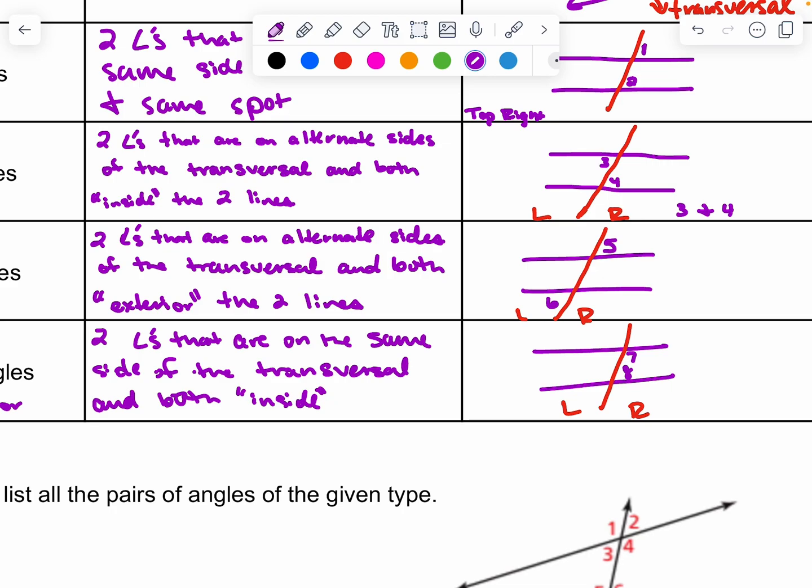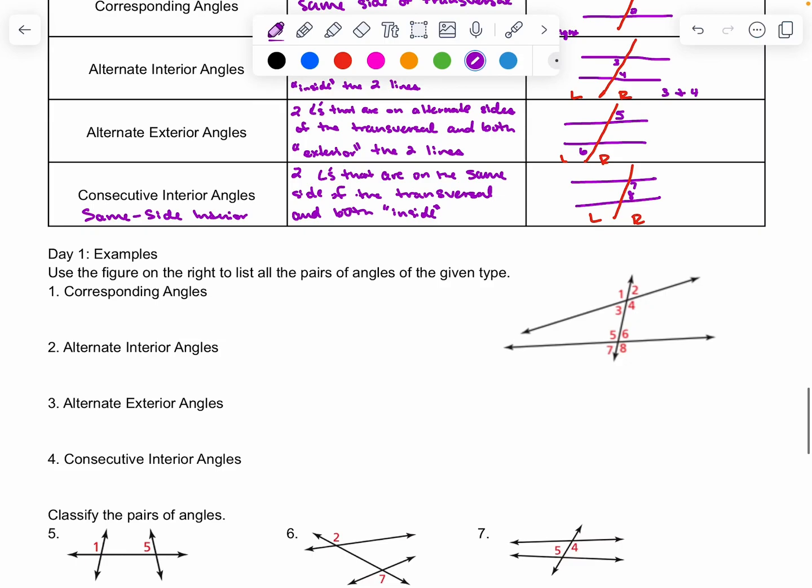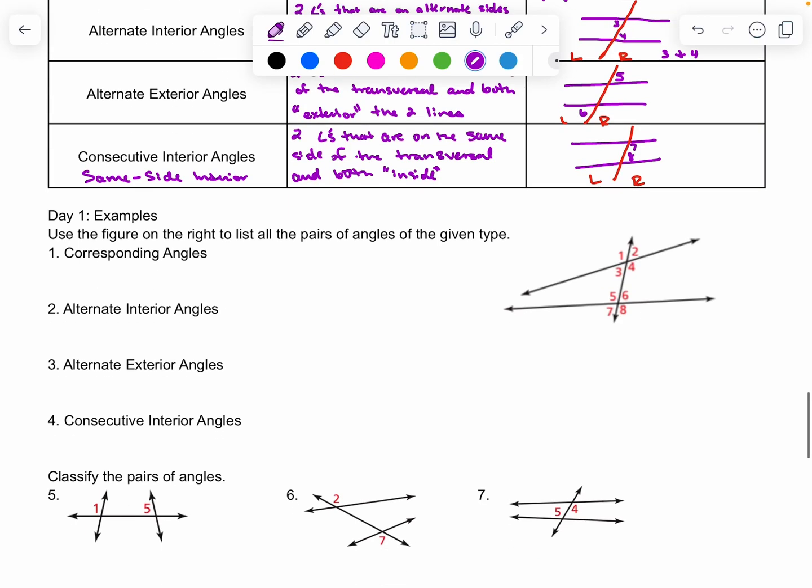For right now, I just want to make sure that we understand what angle pair you have. Okay. So if I'm looking at this, I have my 2 lines here, or I have my 3 lines technically, and I'm supposed to list all the pairs. Okay. So here's what we're going to do. This in the middle is my red transversal.